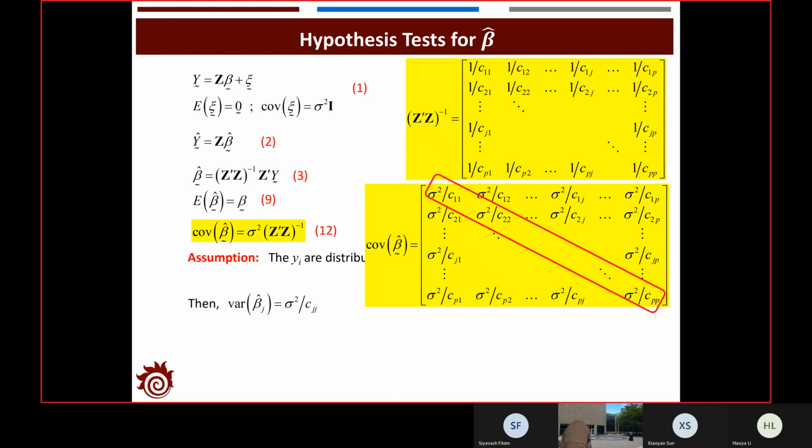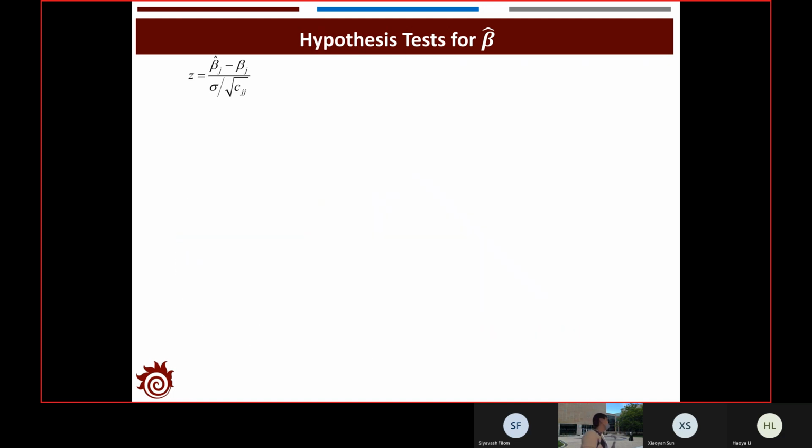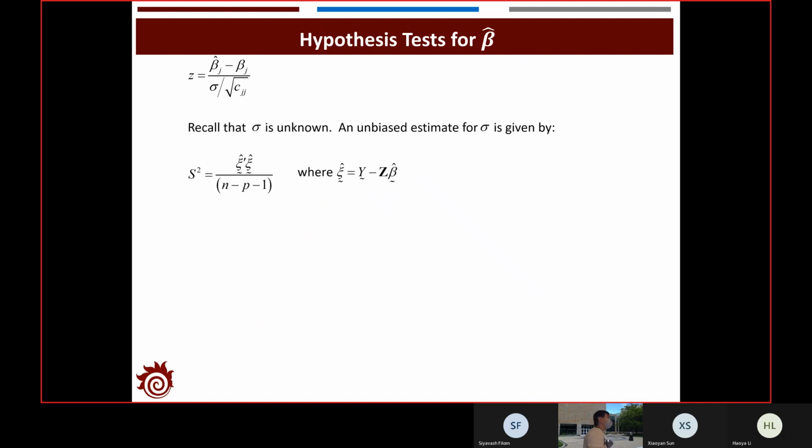That's what we derived previously, which means that it is an unbiased estimator, and if we want to calculate the variance, which will be sigma square, we can use the epsilon hat to do the calculation, and that's what we can find here, which will be epsilon prime hat times epsilon hat divided by n minus p minus 1.